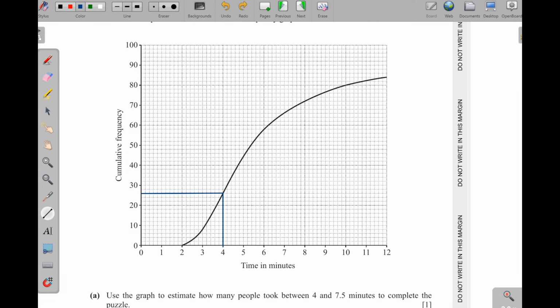See that? So this value here, but again, we have to make this one dotted so that it doesn't interfere with the graph which was given there. Okay, and then we also go to 7.5, which is in the middle of 8 and 7.